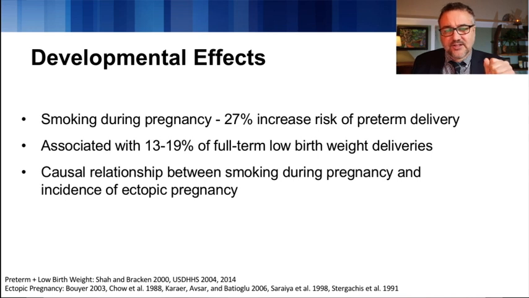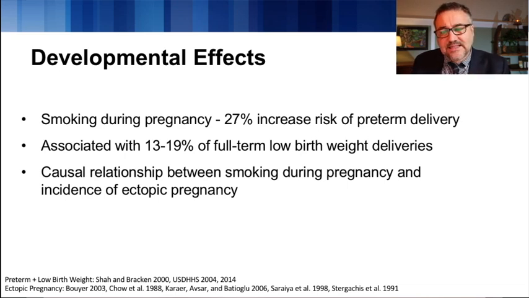Developmental effects. So one of the things that I think is important, and we talked about this with the nicotine molecule being so small, is that nicotine comes into the body. It can easily cross the placenta and enter into the development of the child. And in fact, this is the nicotine that's causing these problems.